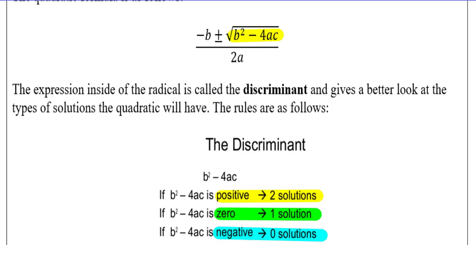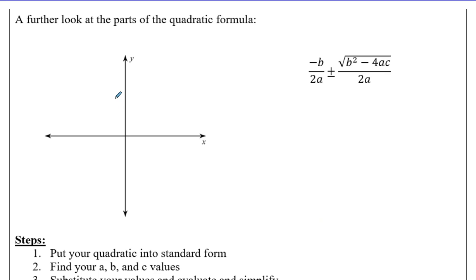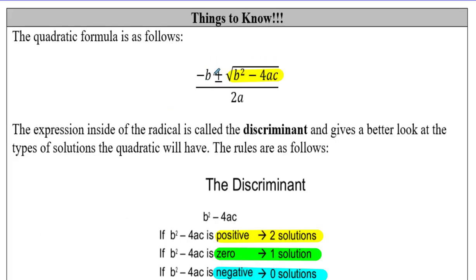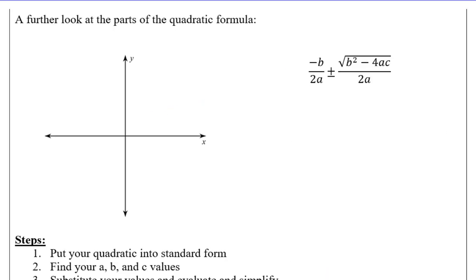Another good piece for us to talk about. If you look here to the right of the coordinate plane, this might catch your eye as the quadratic formula from the piece before. Some of you might say, oh, it looks a little bit different. It's actually the same. Let's go back real quick. We have all of this top part all over 2a. In this case, all I did was separate the negative b. Remember, we can do this with fractions.